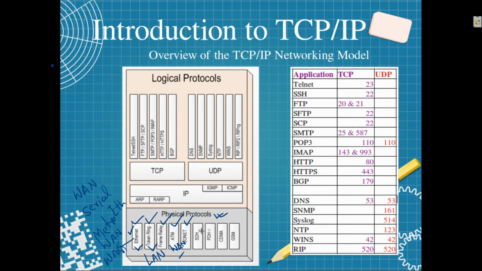SDH and PDH are technologies that are used throughout the world. SDH is the Synchronous Digital Hierarchy, and this is the Plesiochronous Digital Hierarchy. Plesiochronous and digital, these are technologies used for FDDI and other technologies.